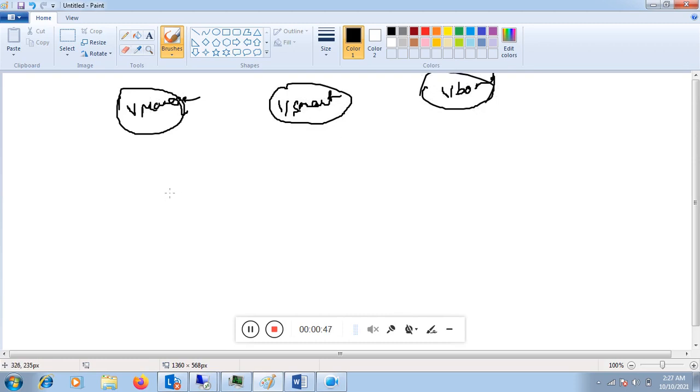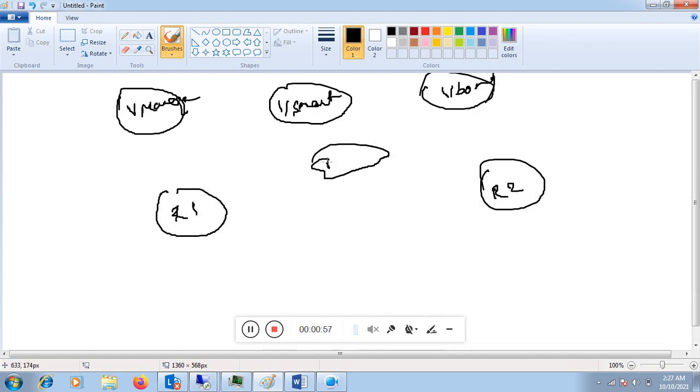Then we have WAN edges that are on the sides. Let's say this is router 1, this is router 2, and we have a transport, let's say MPLS. So WAN edges as well as the control cluster are connected to this transport.